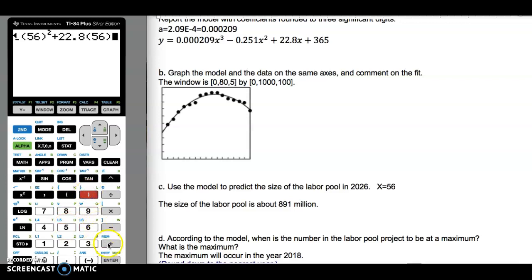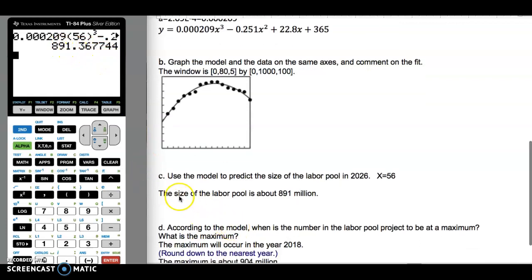And that's going to give me the predicted value. And so you end up with 891.36 and so on. And so we're going to round. And so the size of the labor pool is about 891 million.